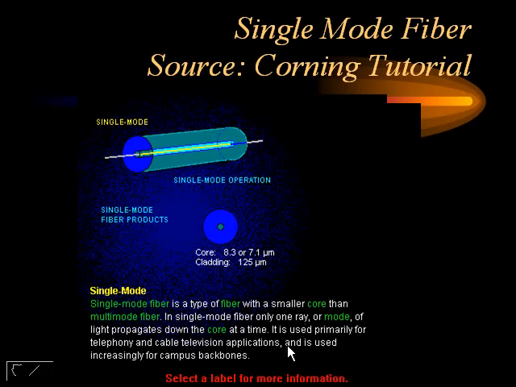The single mode type of transmission is used primarily for telephony and cable television applications. It is also used for campus backbones, which indicates that single mode transmission can travel further, and it is used in larger networks as well.